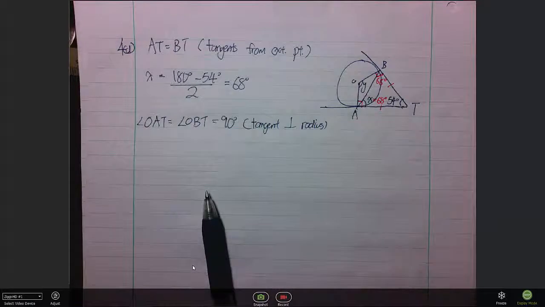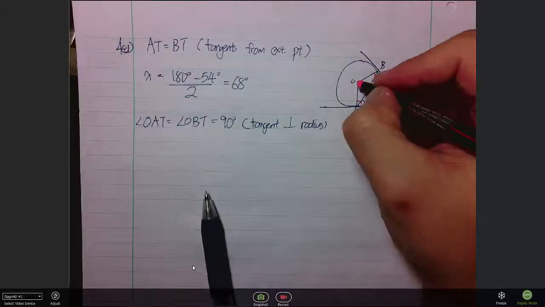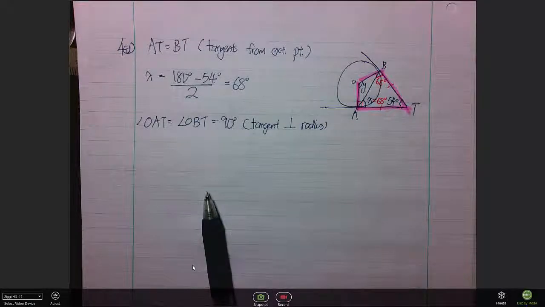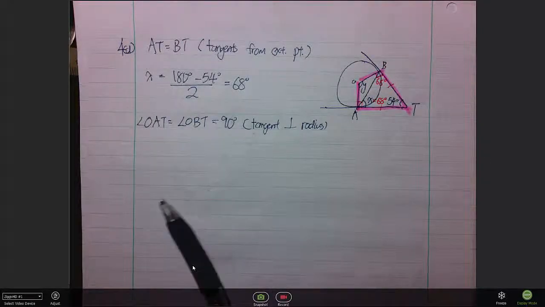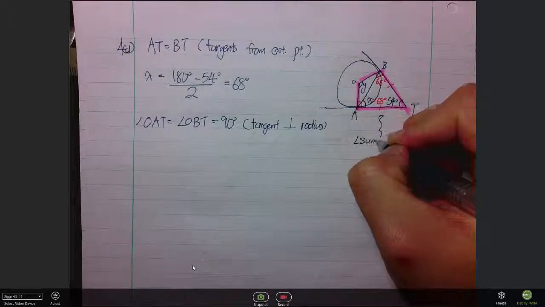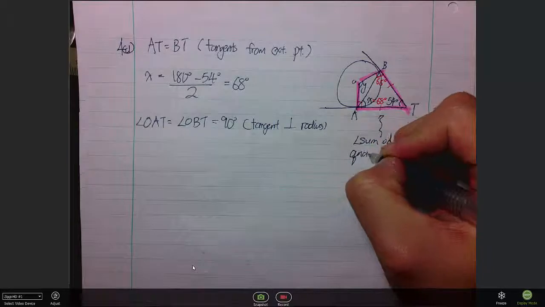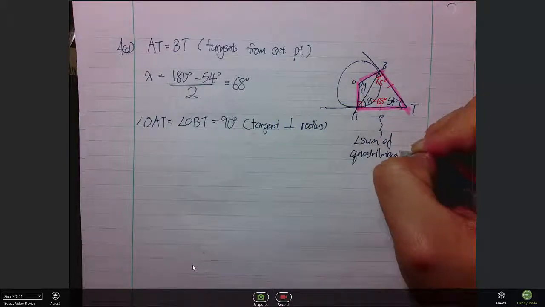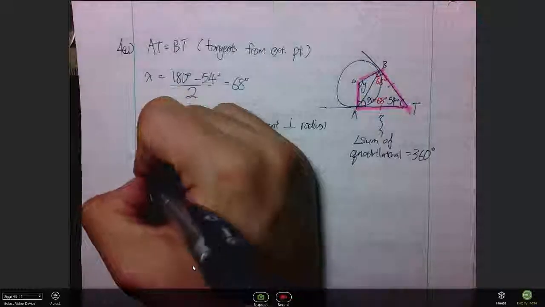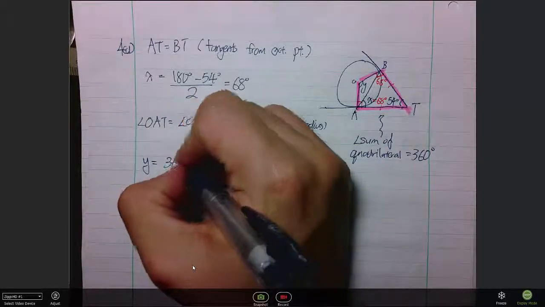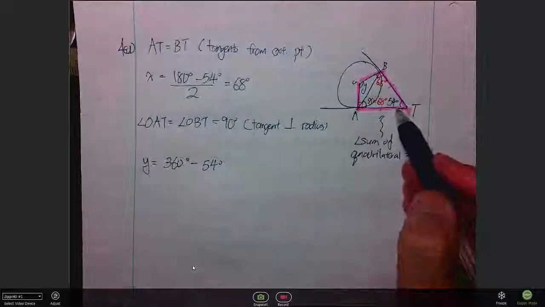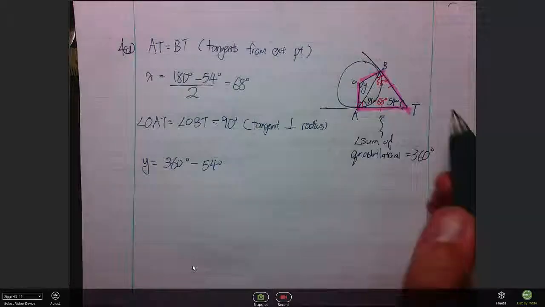Now finally, how to find Y? Notice that we have OABT, which is a quadrilateral. What we know from lower secondary mathematics is that the angle sum of quadrilateral is equal to 360 degrees. So if I want to find Y, Y is equal to 360 degrees minus 54 over here, minus 90, minus 90.